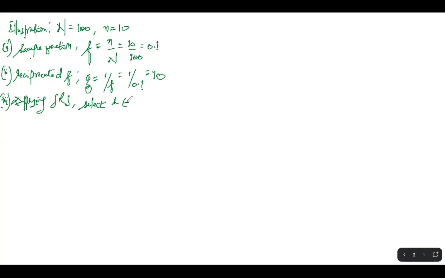However, we define some boundary values of H. We know that H would be a value moving from 1 all the way to G. And G here is 10.